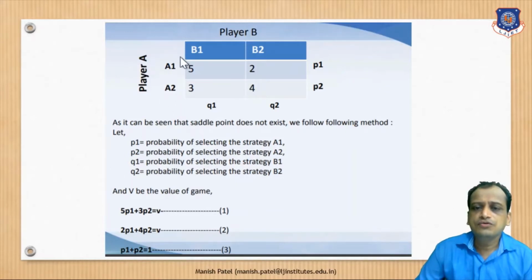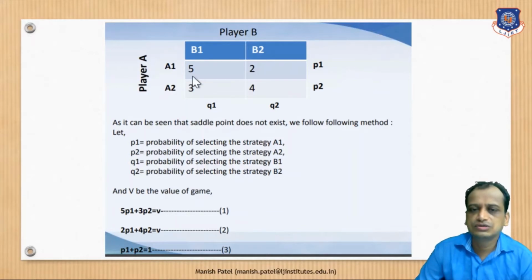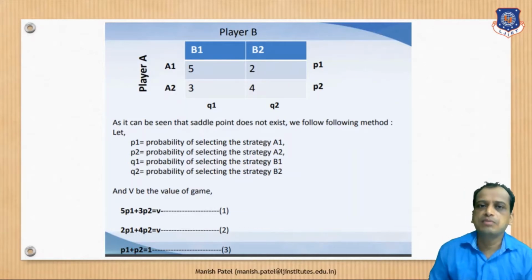Now if you see here horizontally and vertically, 5p1 plus 3p2 is equal to value of game first, right? What we have here is the value of the game. 2p1 plus 4p2 is equal to value of the game, and again p1 plus p2 is equal to 1, which is the probability of both the events, and together they will constitute the total probability, which is 1.